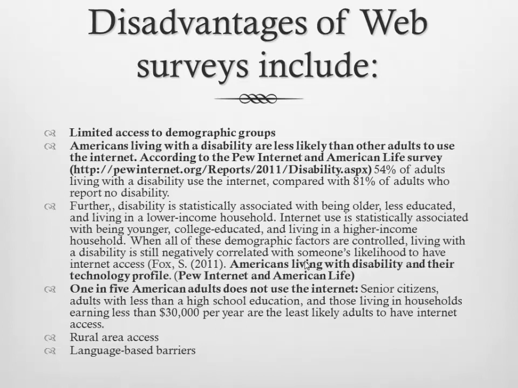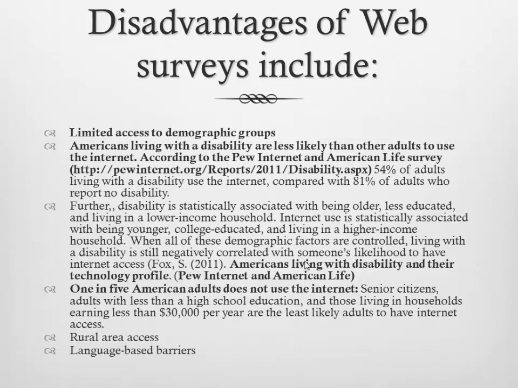So when all of these demographic factors are controlled for, living with a disability is still negatively correlated with someone's likelihood to have internet access. So statistically, you're more likely to have internet access in America if you are not a person with a disability.